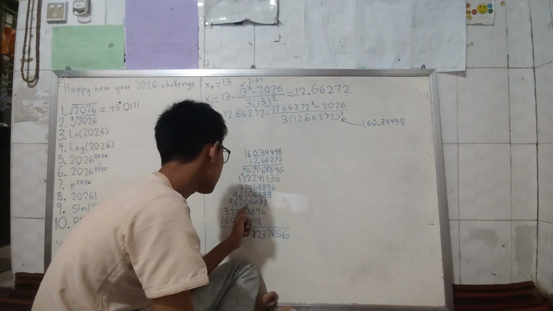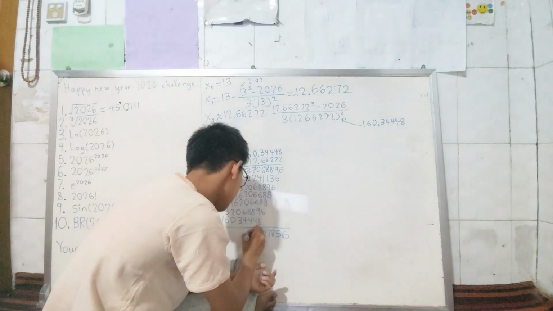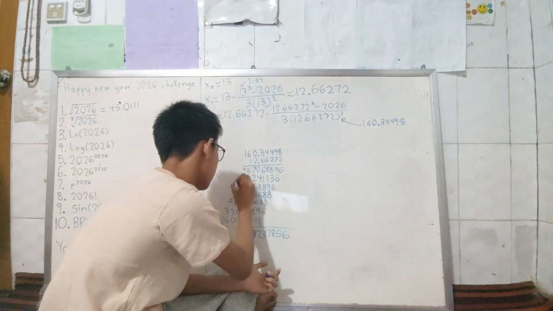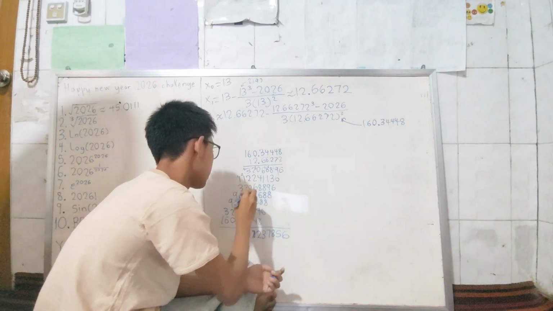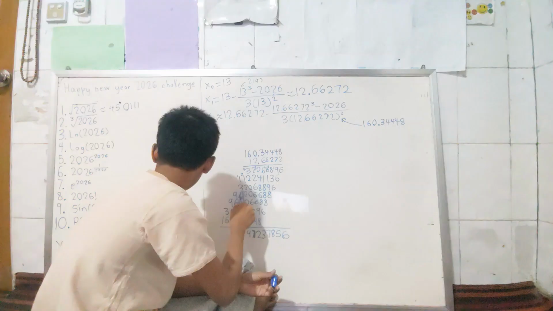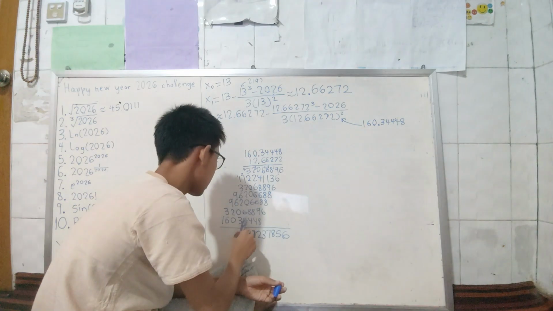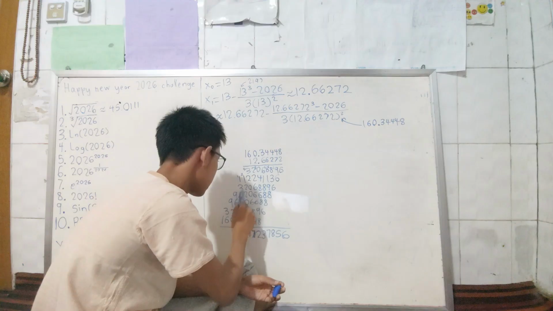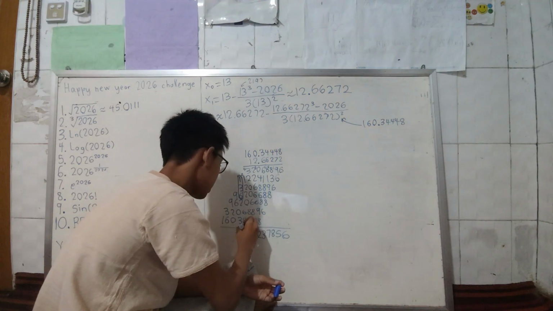And then 8 plus 4 is 12, 14, 16, 18, 19. That's gonna be 1 plus 1 is 3, 5, 9, 10. And that's gonna be 10. So we're gonna circle this.